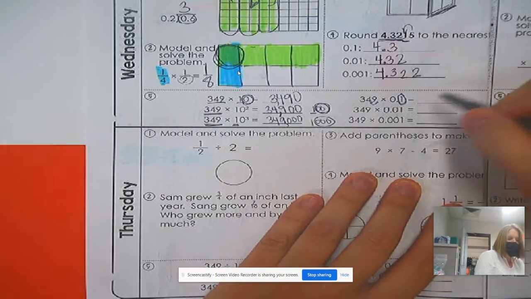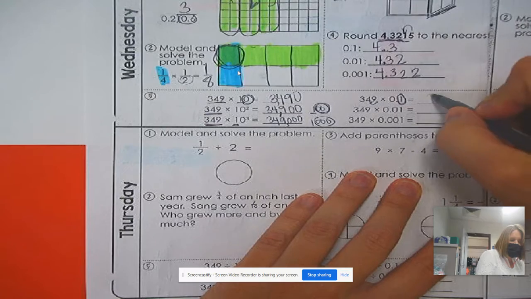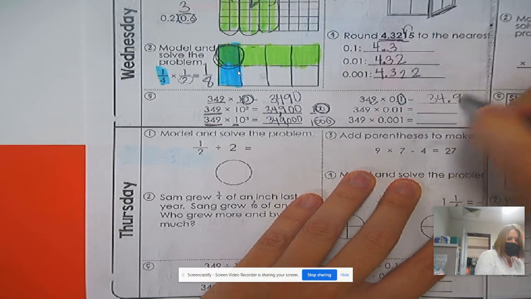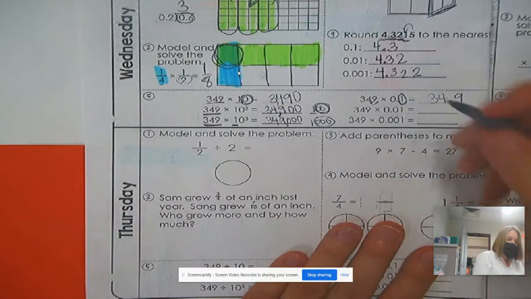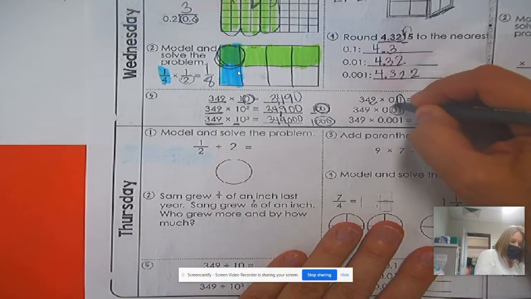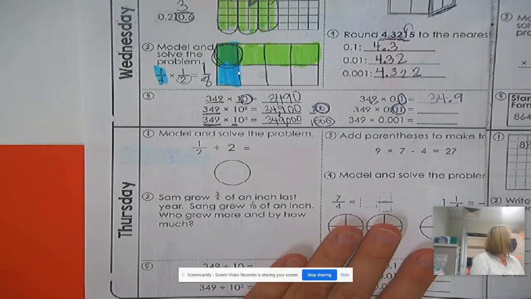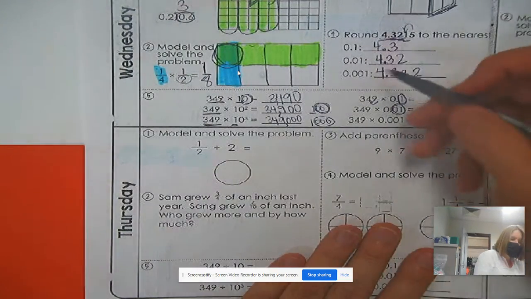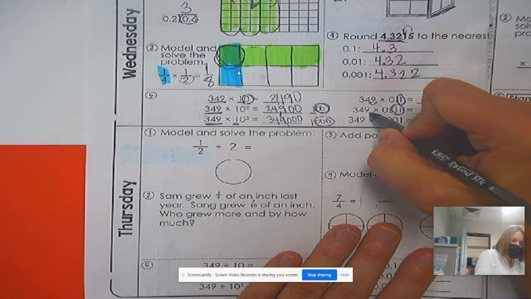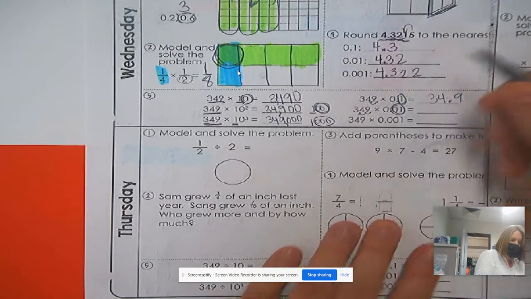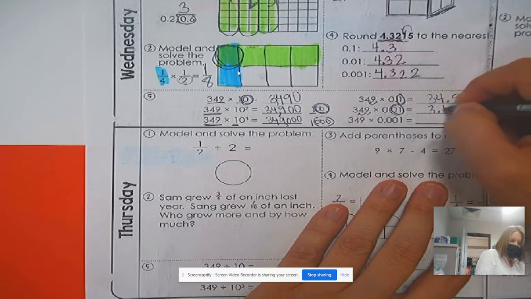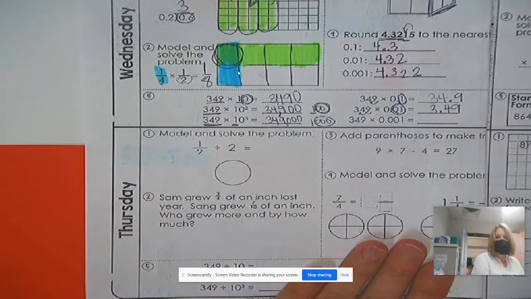So 349 times 1/10 is 34.9. Okay, how many numbers are behind the decimal? 2. How many times am I going to move my decimal? 2. 1, 2. So I get 3 and 49 hundredths.